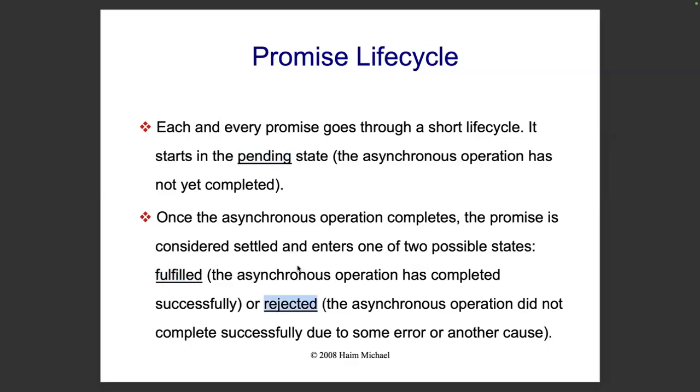It all depends on which of the two functions was invoked. So if the first function is invoked, then the state of the promise object changed from pending to fulfilled, success. If the second function is invoked, it means that the state of the promise object changed from pending to rejected.